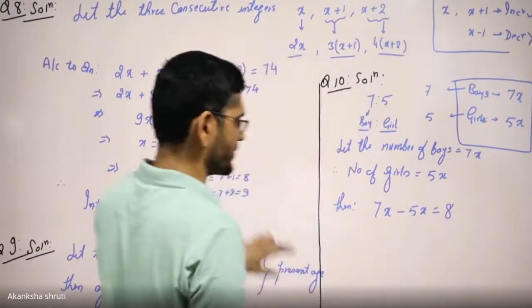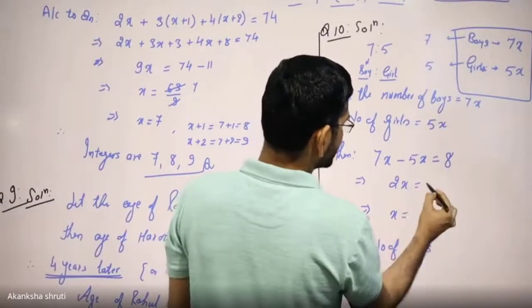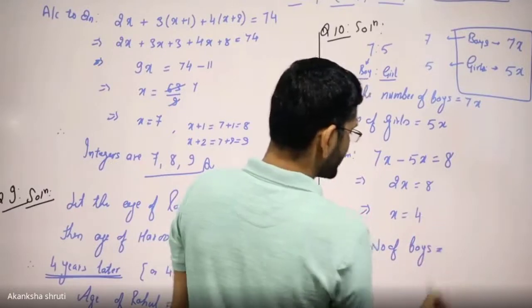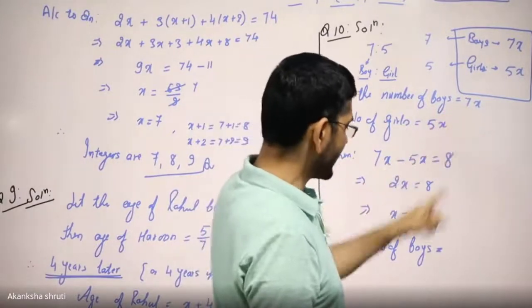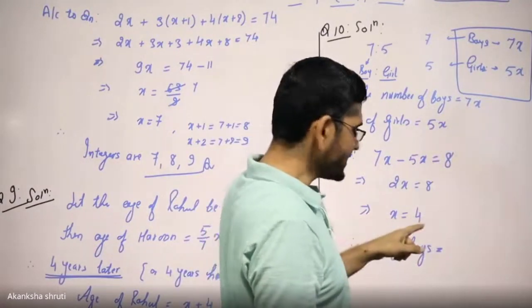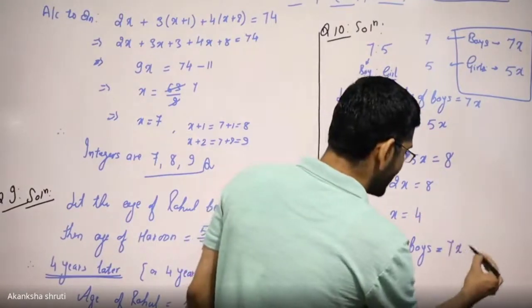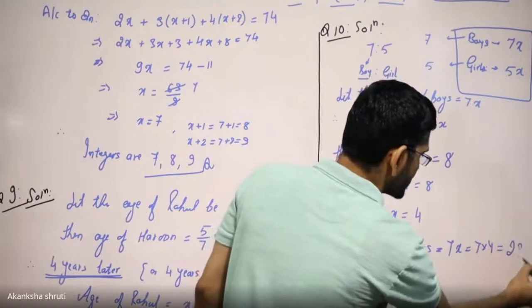It's so simple. So 2x is 8, so x is 4. Now the number of boys here is our 7x. So here x will not be the answer. You have to calculate this 7x. So 7x is 7 into 4, 28.